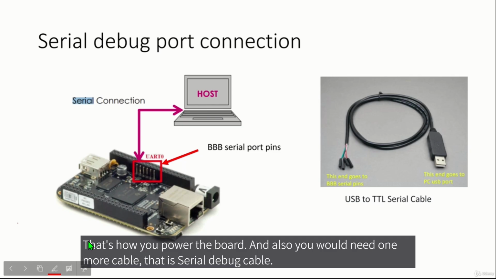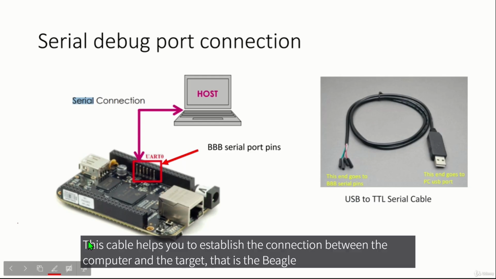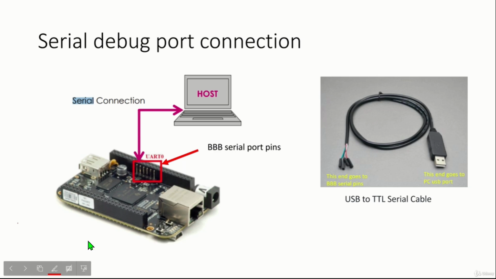And you would also need one more cable, that is the serial debug cable. This is a very useful cable. This cable helps you establish the connection between the computer and the target, that is the BeagleBone Black board.